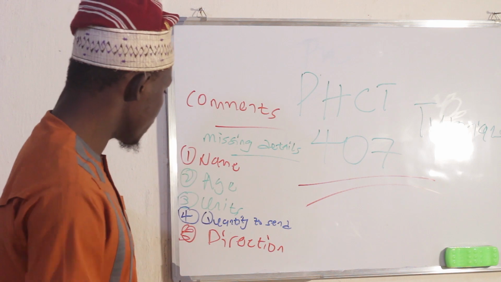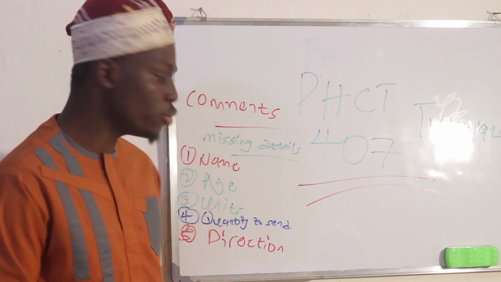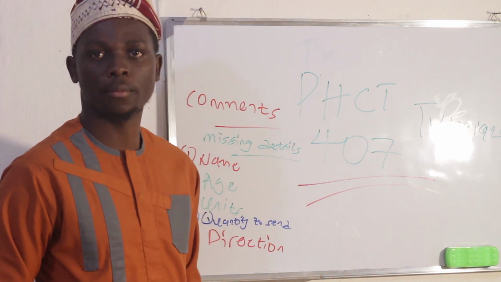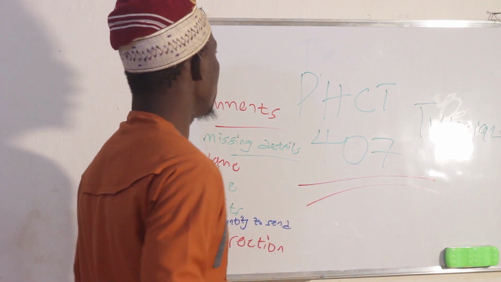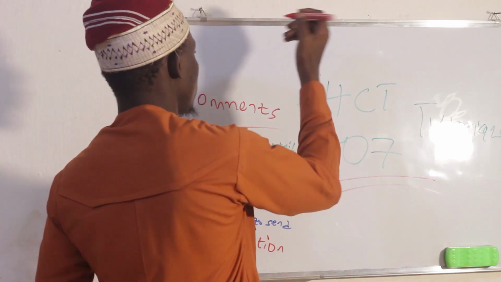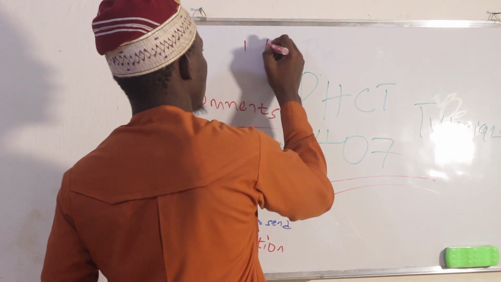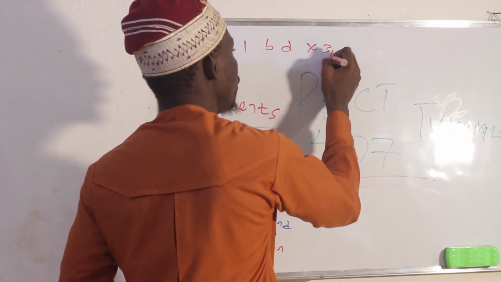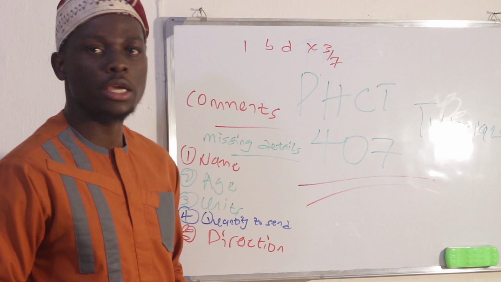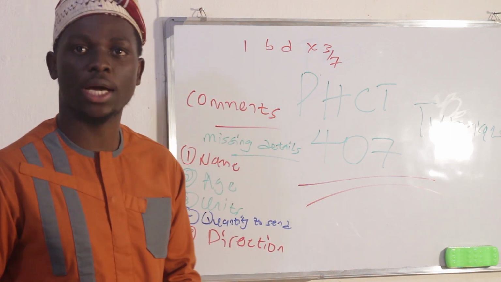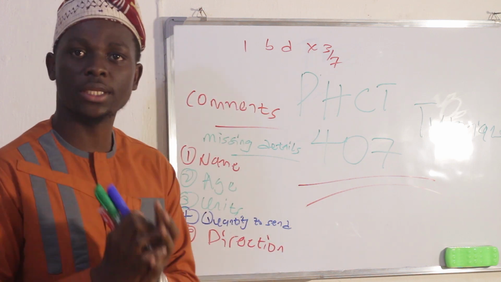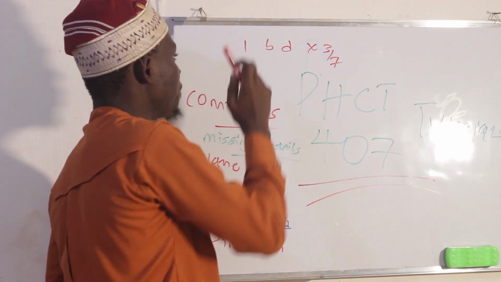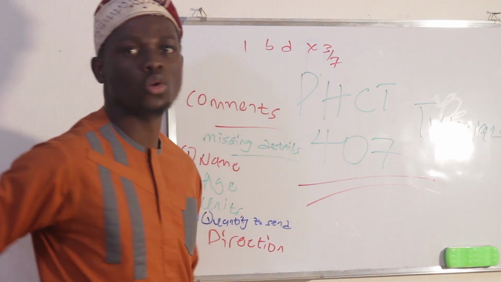And then in some instances, from your direction, you may be able to get the quantity to send. For example, let's say you are given a powder and they say, okay, take 1 BD, times 3/7. Even if they don't give you the quantity of powder to send, what you're expected to do is this: if my patient is going to take 1 BD, that's twice in a day.